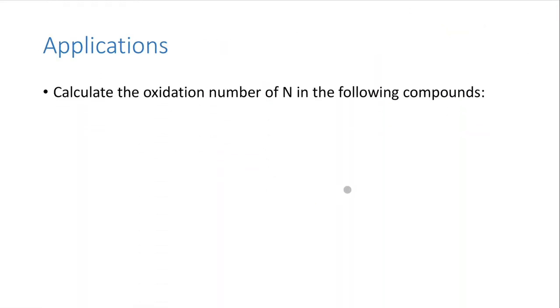Let's have a few applications. We need to calculate the oxidation number of nitrogen in the following compounds. In NO, which is neutral, X minus 2 equals 0. When I say X, I mean the oxidation number of nitrogen. The oxidation number of nitrogen is equal to 2.